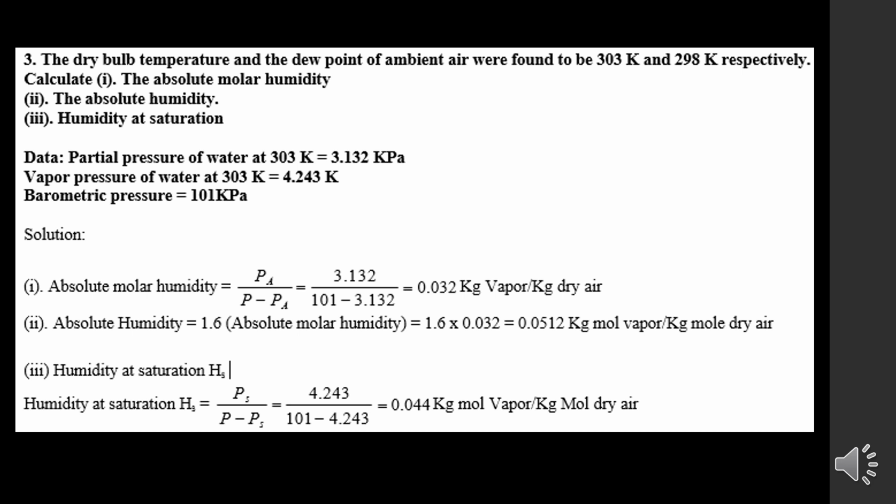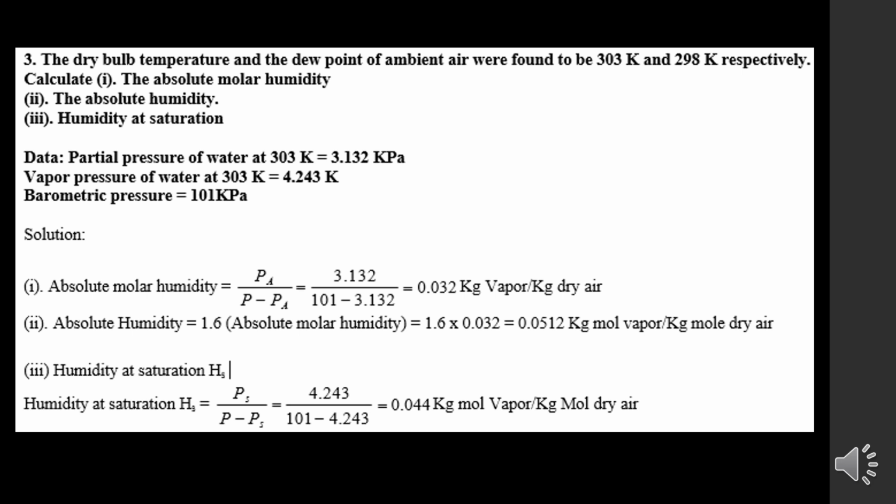Next one is absolute humidity, which is equal to 1.6 into the absolute molar humidity, that is 1.6 into 0.032, which is 0.0512 kilogram mole vapor per kilogram mole dry air. So from the molar humidity we can determine the absolute humidity by multiplying the values.